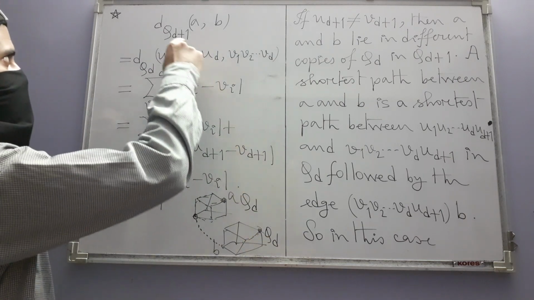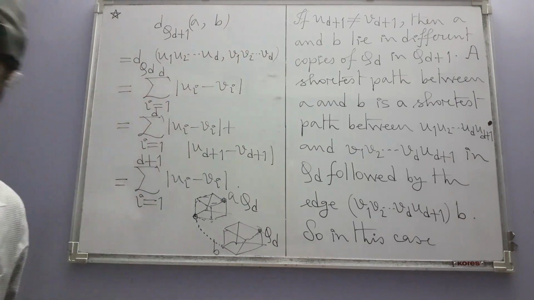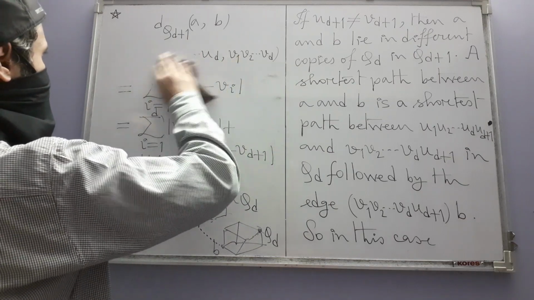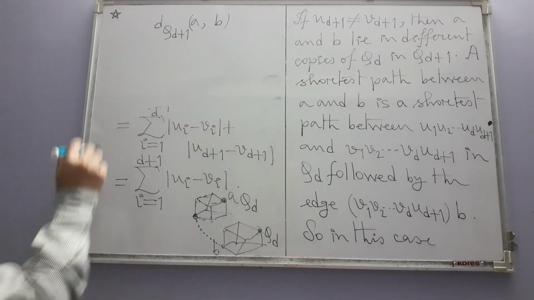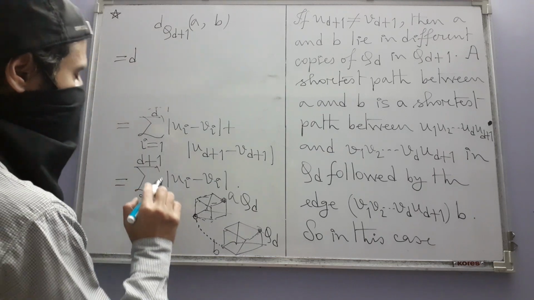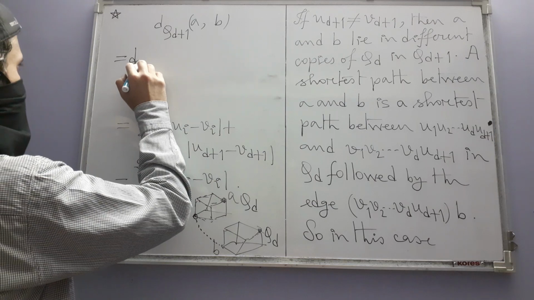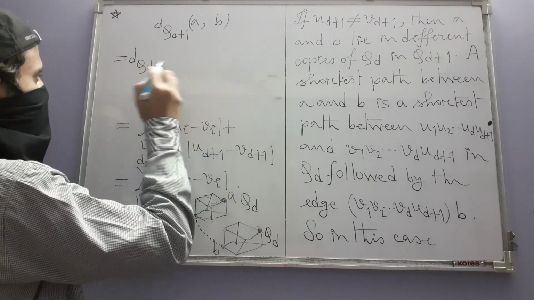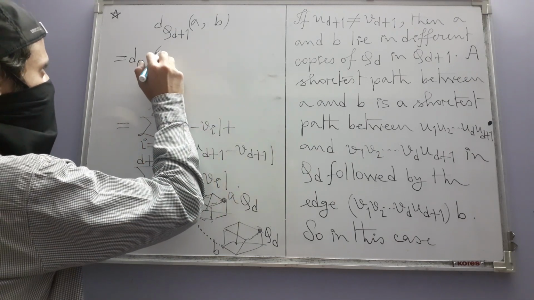So in this case, this distance is equal to, but I need more space, is the distance between. This will look a little strange and not rigorous, but you will understand what I am writing.